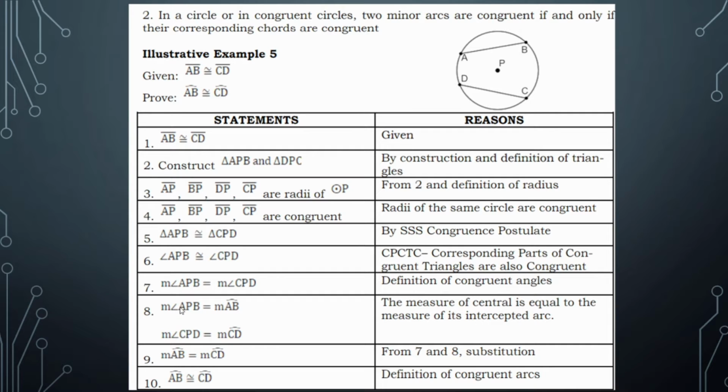And the measure of angle APB is equal to the measure of arc AB, since the measure of a central angle is equal to the measure of the intercepted arc. With that, we just need the substitution. We can say that arc AB is congruent with arc CD.